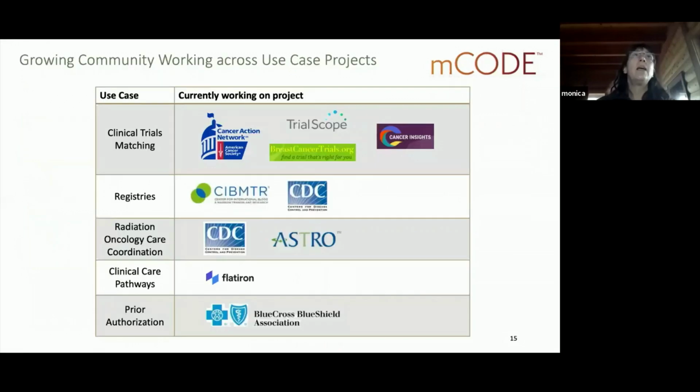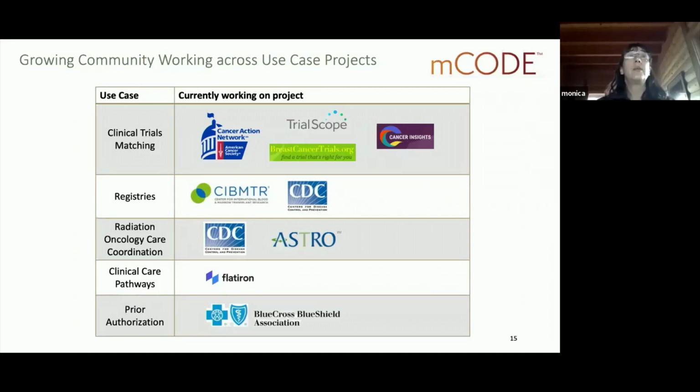There are a lot of other use cases now underway in mCODE to grow this language. You see some examples here. In addition to the Alliance clinical trials data use case, there is a clinical trials patient matching use case. This is led by the American Cancer Society Cancer Action Network, but you can see other collaborators here.